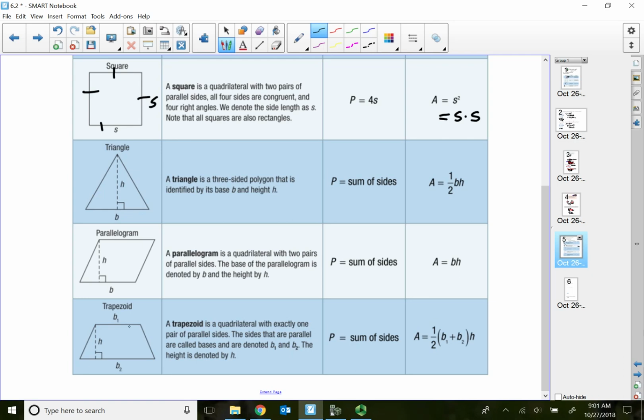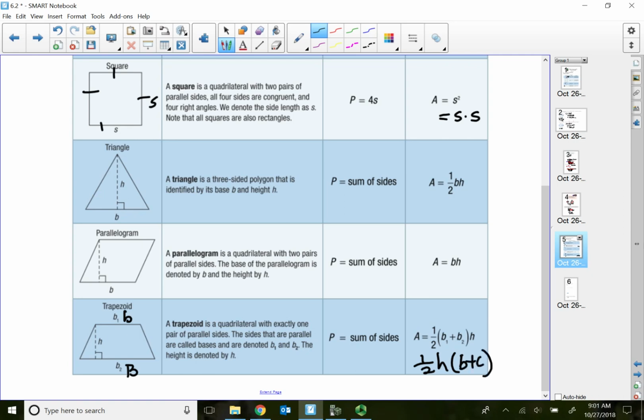However, the bases are parallel, and the height is always perpendicular to the 2 bases. To find the area, we take a half times the height, and then times the 2 bases added together. I normally call them big base and little base.